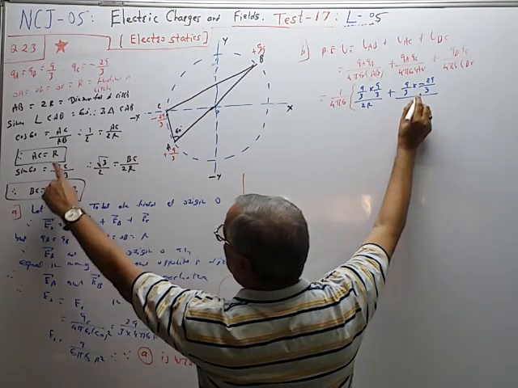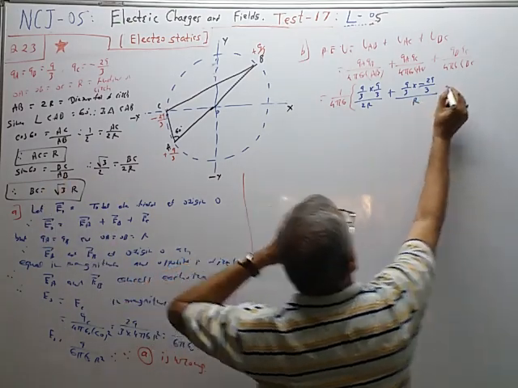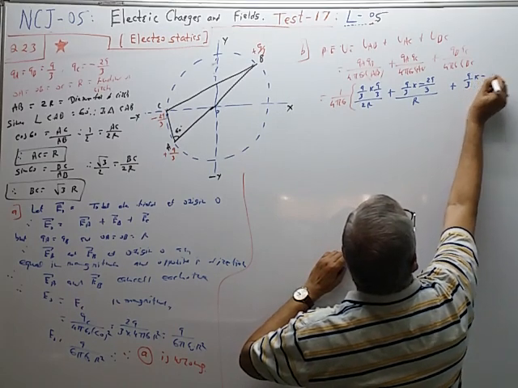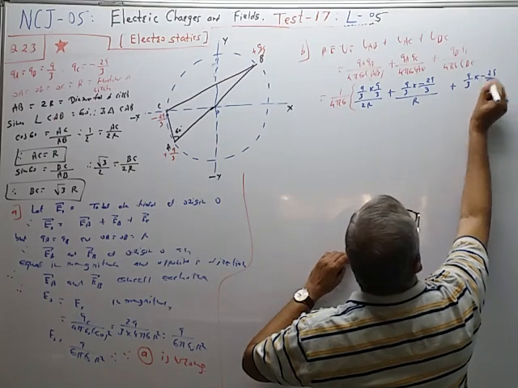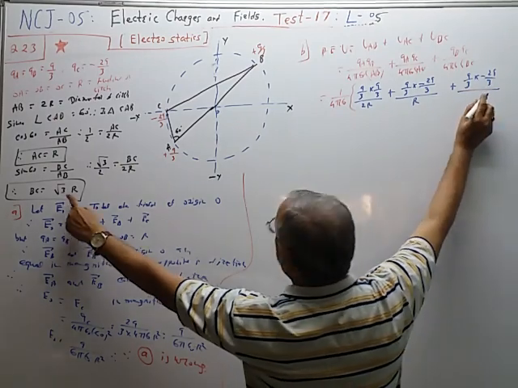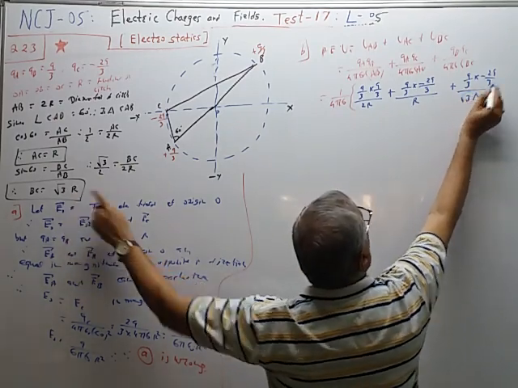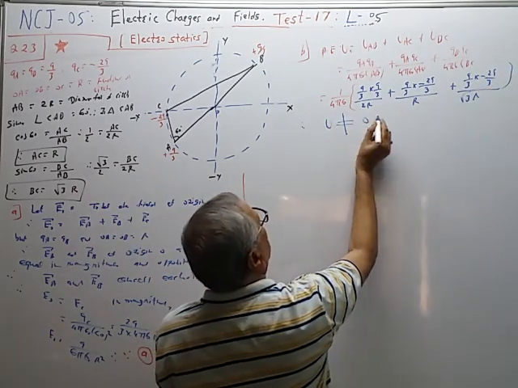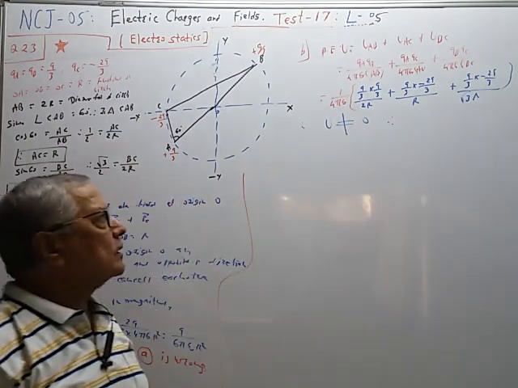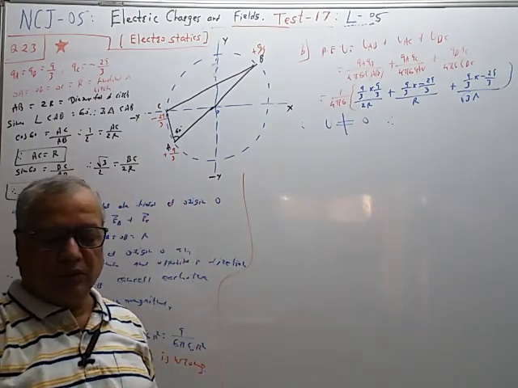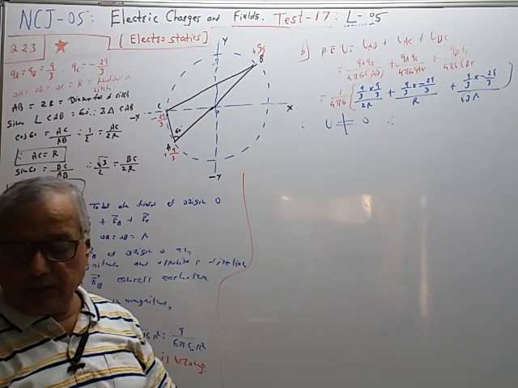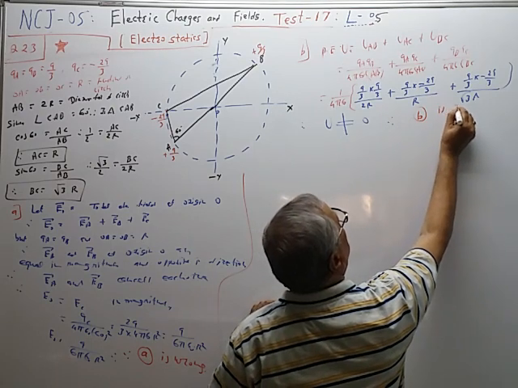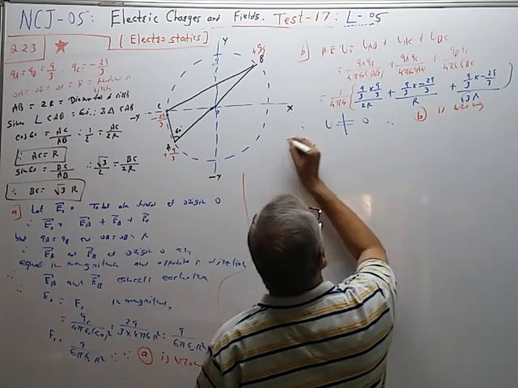AC value we have already got, AC is equal to R, plus QB is equal to Q by 3 multiplied by minus 2Q by 3 upon BC. BC value is root 3 R. So this indicates that U is not equal to 0. This value is not 0. And therefore B is also wrong.